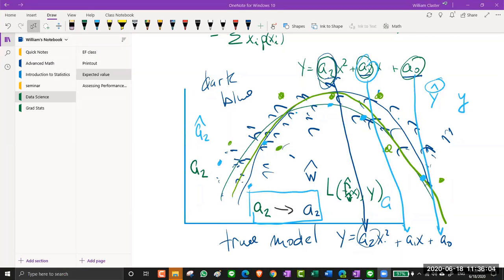Okay, so let me just say it again. A2, A1, A0 in the dark green come from a subset of the entire possible set of data. The entire possible set of data is the dark blue, these squiggles.